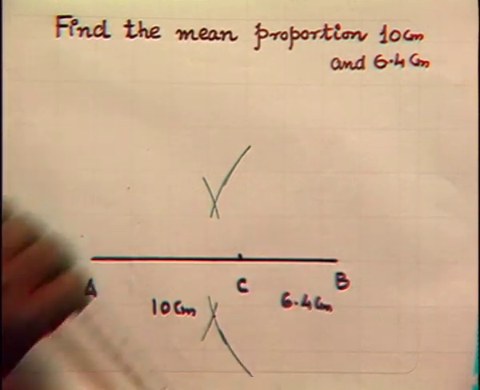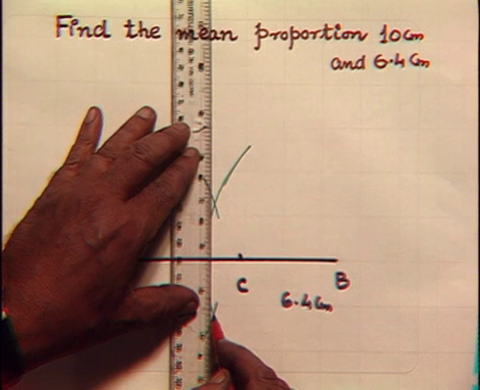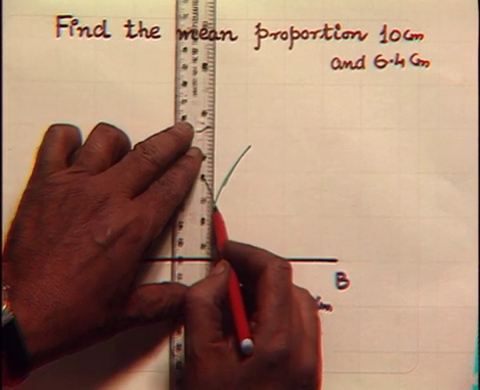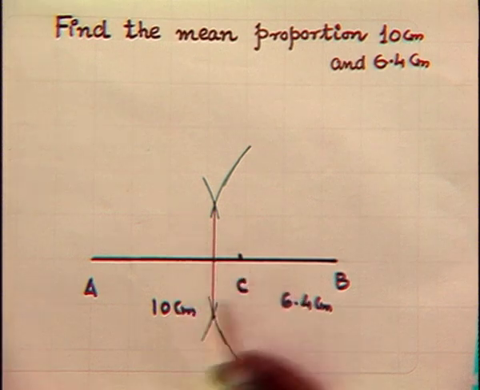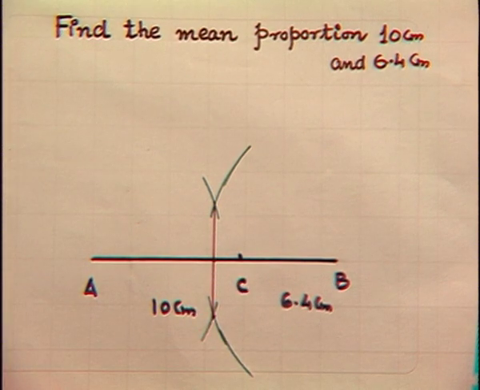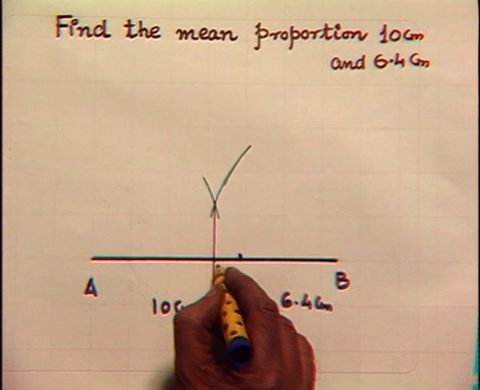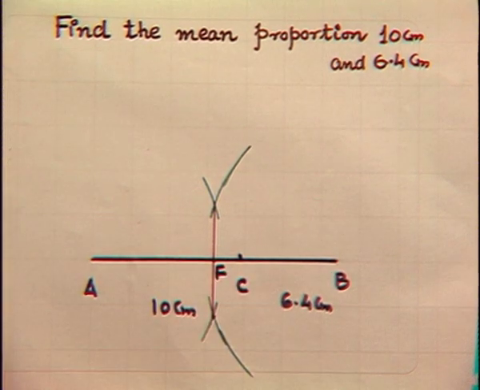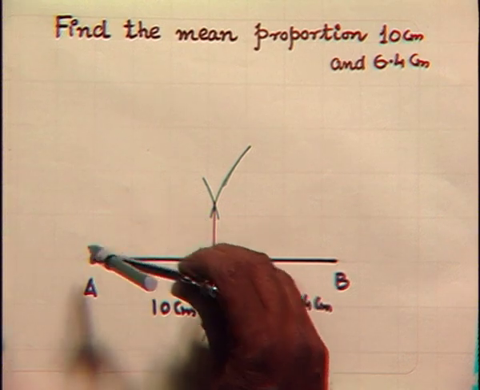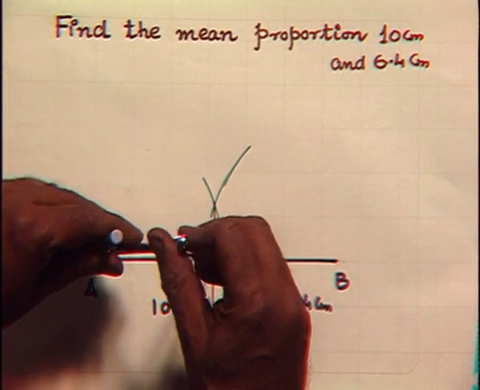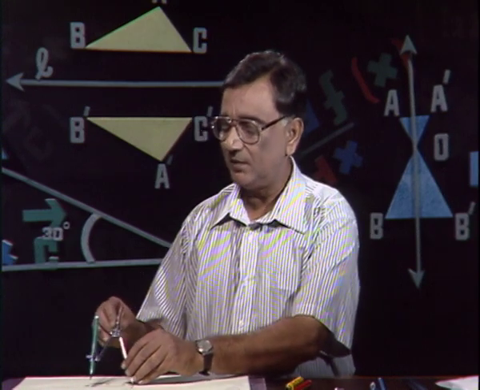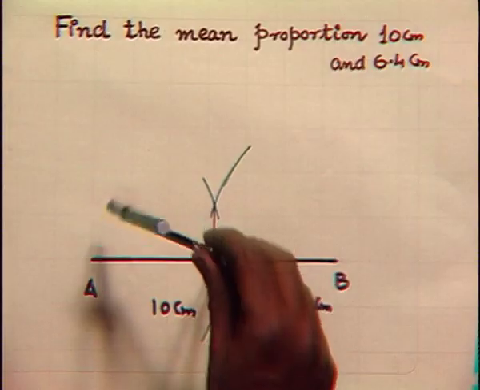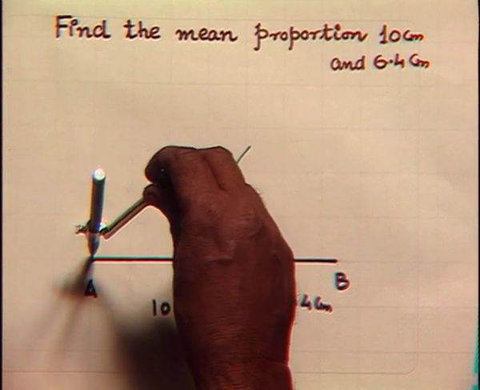On joining these, we get the midpoint of AB. Let this point be named as F. Now, taking F as center and radius equal to FA, which obviously will be equal to FB, we will draw a semicircle.